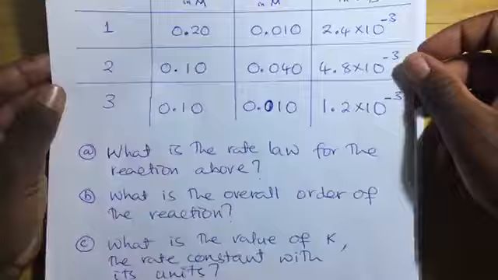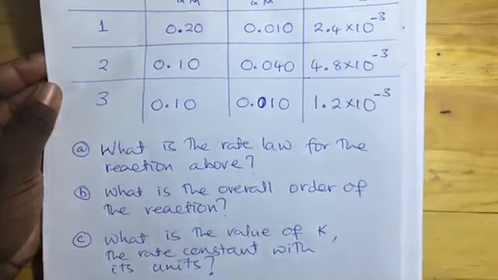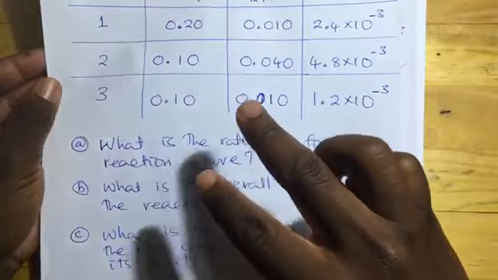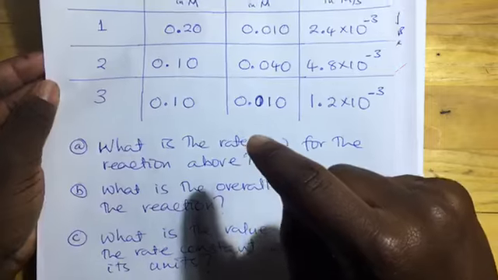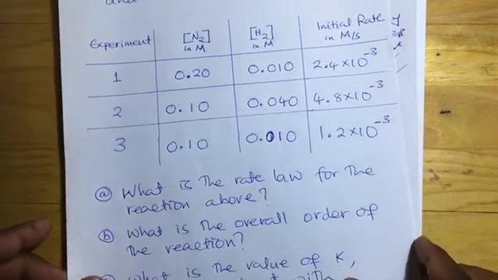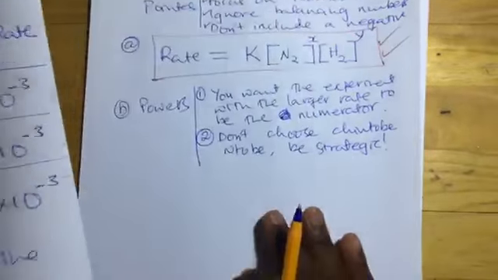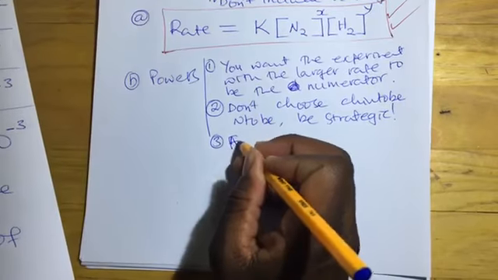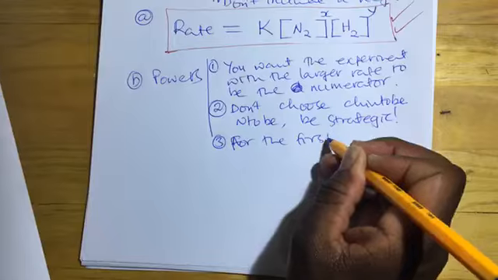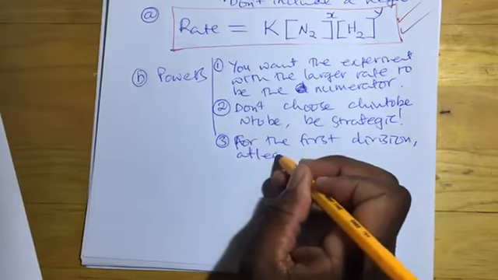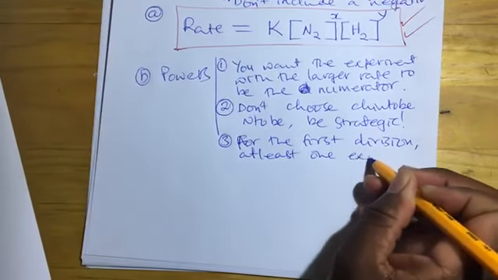The second thing that you should keep in mind is that the first time you divide, you always want to divide experiments that have the same concentration. At least one concentration should be the same for the first division.